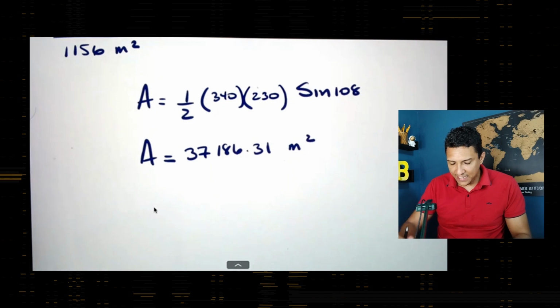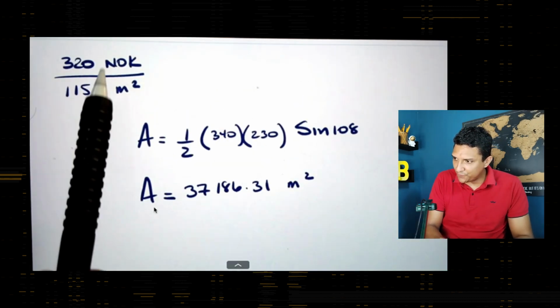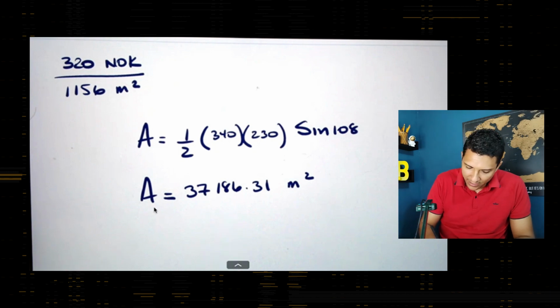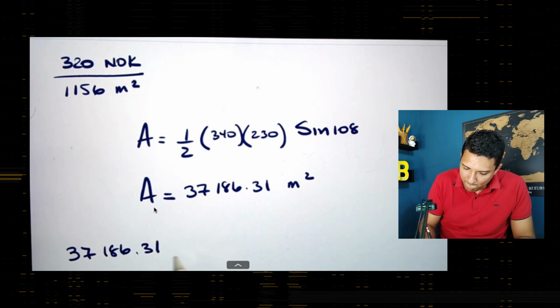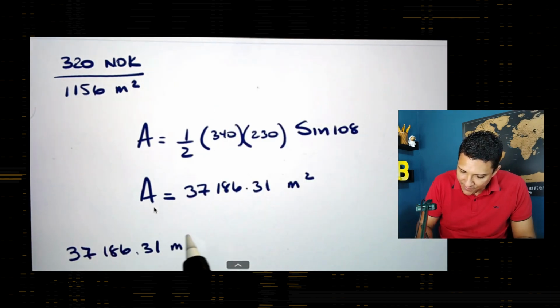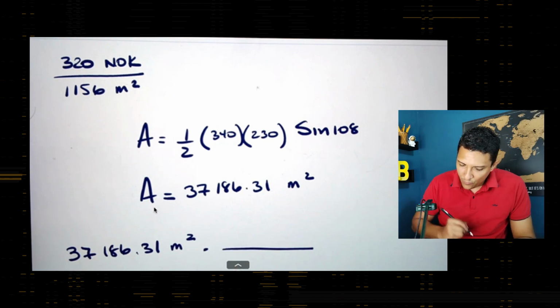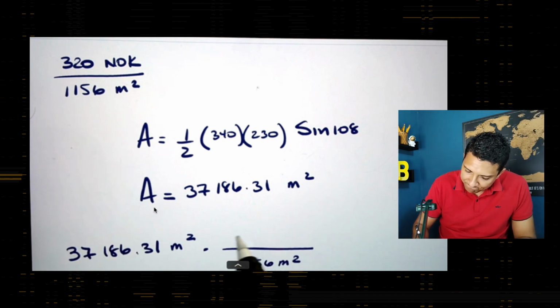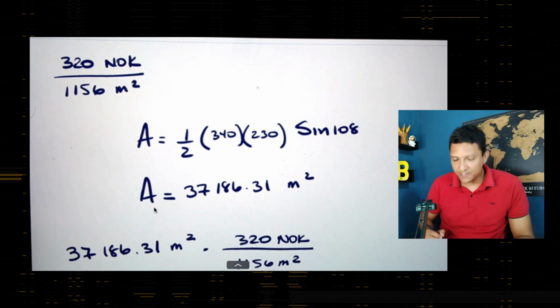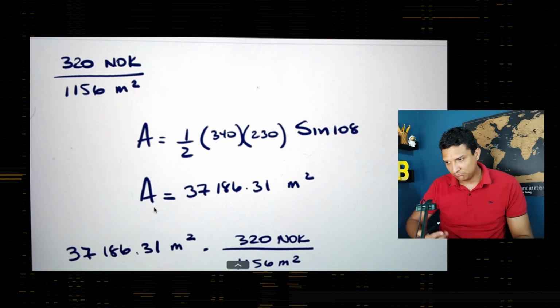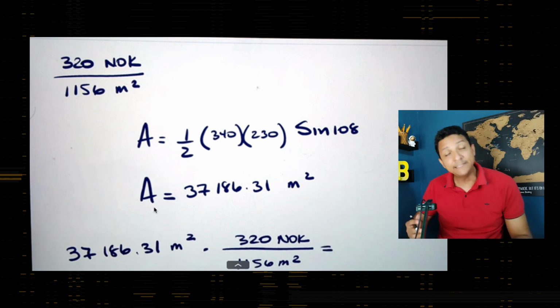Now let's see how we're going to use this unit converter with this area. Basically, I'm going to take the area and multiply it by the unit converter. Remember that this is square meters because it's area. With the unit converter, if I put the area in the denominator, the square meters are going to be canceled, and the NOKs are going to be the resulting unit.